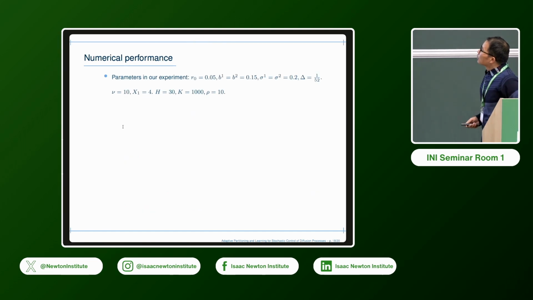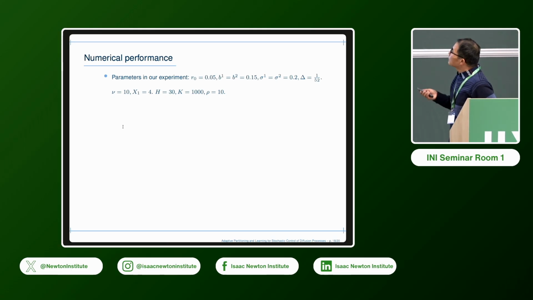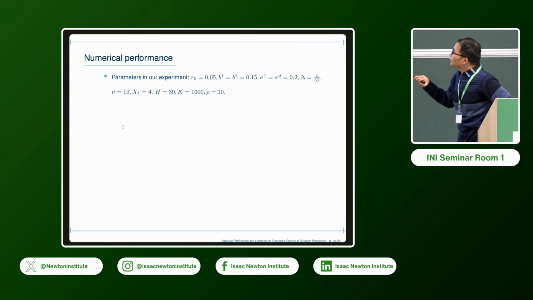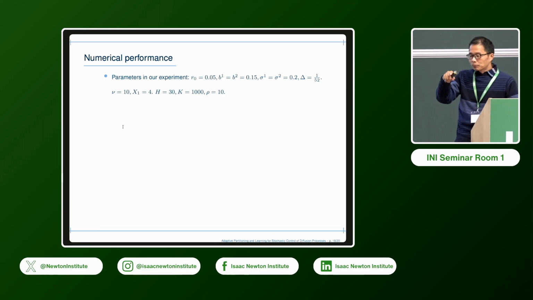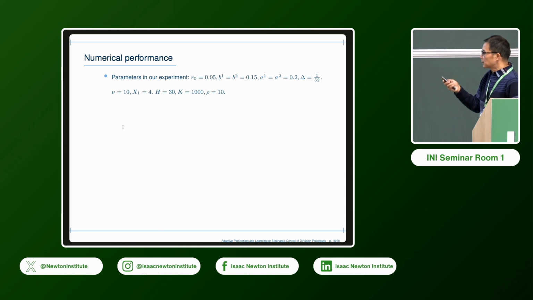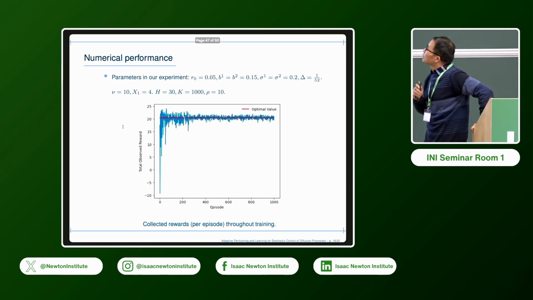We did the experiments by setting some parameters this way, but it doesn't matter. What matters is the number of episodes. We tried 1,000, and this row should be in the order of k to the power some beta, determined in our main theorem.